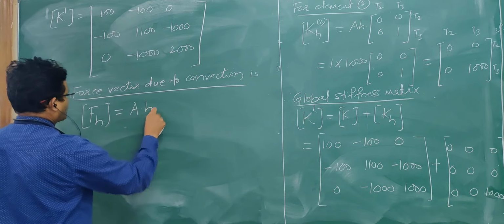As it is again a purely one dimensional case, we are assuming A as 1 unit. So 1 into 1000, and what T infinity have they specified? I think it is minus 5. Yes, it is minus 5, times 0, 1. So what will I get? This will be 0, and minus 5000 into 1, minus 5000. So this is for 2 and 3.